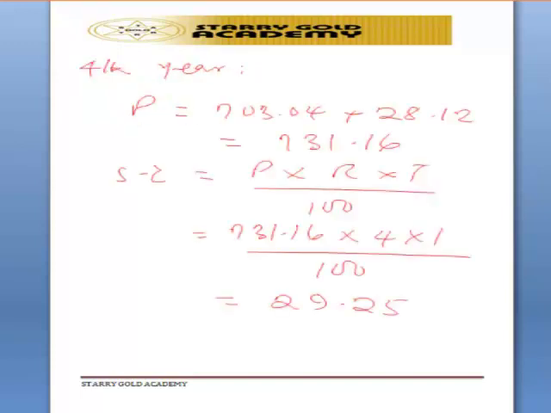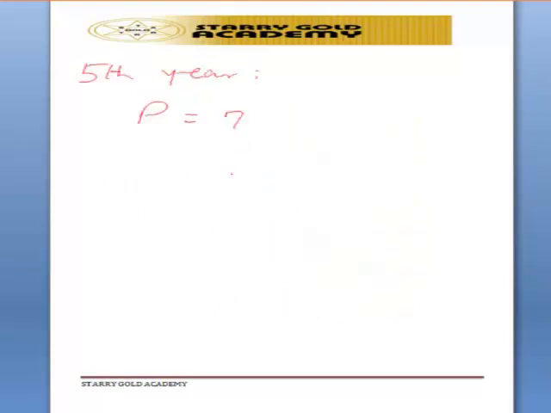Don't forget, the total number of years given is 5. My fifth year, principal will now be 731.16 plus 29.25. So that will give us 760.41.